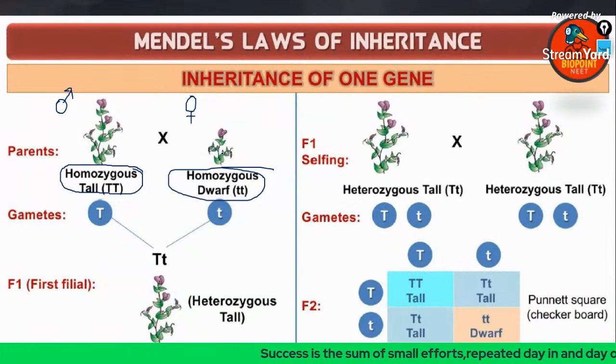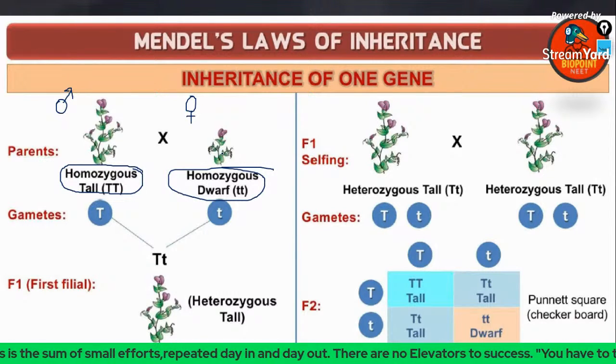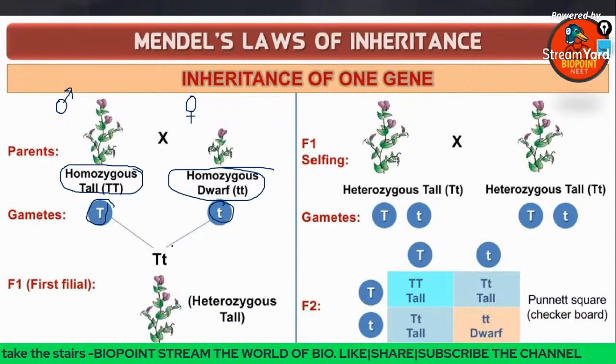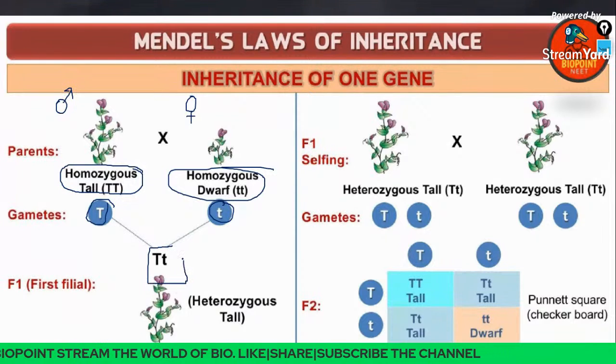Okay, so male can be dwarf also, female can be tall also, so vice versa. Since I have taught it like that, homozygous tall is the male and homozygous dwarf is the female. So the gamete from this case is capital T, and from this case small t is the gamete. So in the F1 generation, you will obtain a progeny with capital T, small t.